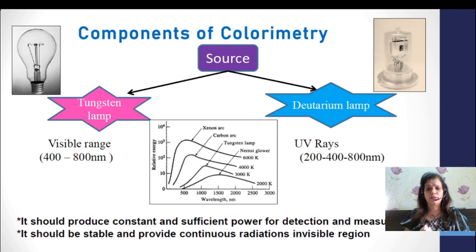The name hydrogen, deuterium, xenon implies that the gas has been built in inside the container. So when I put an electrical supply to this lamp, what will happen to those gaseous molecules? They get charged up. They will absorb the energy from the current which you have supplied.